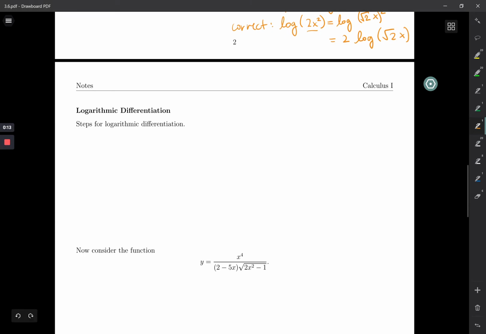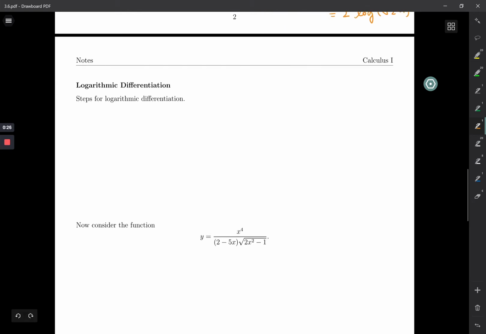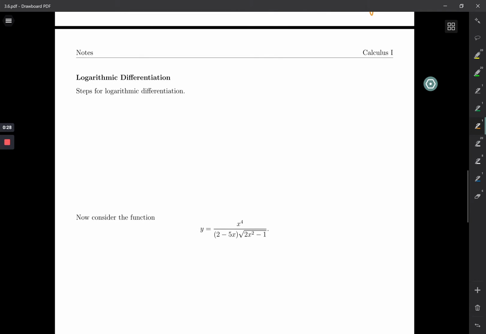So what happens here, we are going to use the implicit differentiation that we learned in the last section, and also these log laws that we just went over, which will help us simplify the problem before we use implicit differentiation.